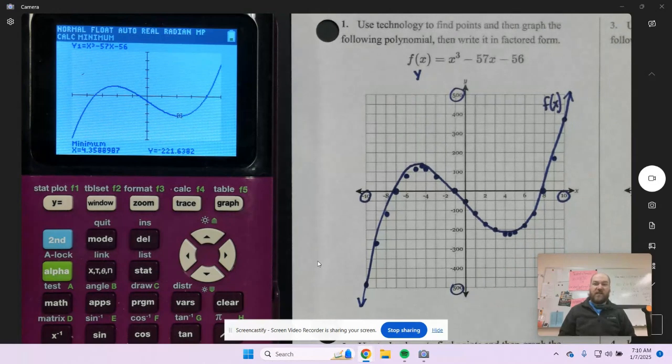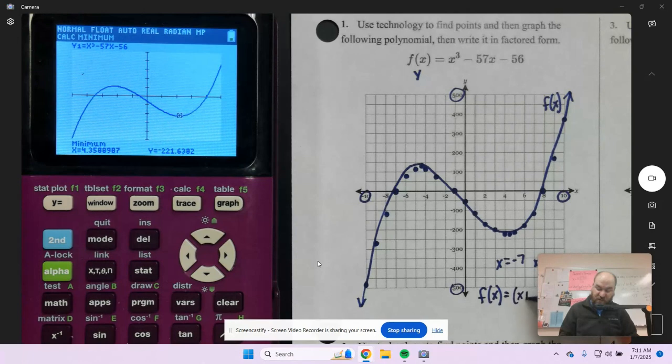This one specifically says, write the equation of this polynomial in factored form. So to write it in factored form, we need to find all the zeros, which we have. The zeros are -7, -1, and 8. And we need to write all of those. When they're all set equal to 0, it's actually going to be the opposite value.